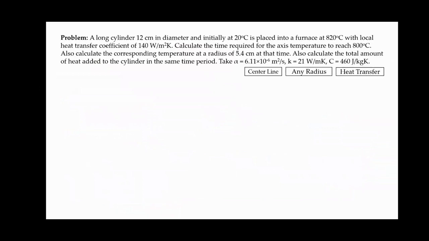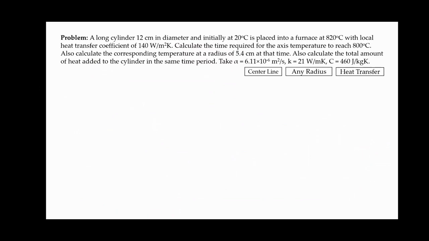Also calculate the corresponding temperature at the radius of 5.4 cm at that time. Also calculate the total amount of heat added to the cylinder in the same time period. Take alpha equals 6.11 into 10 to the power of minus 6 meter square per second, K equals 21 watt per meter Kelvin, and C equals 460 joule per kg Kelvin.